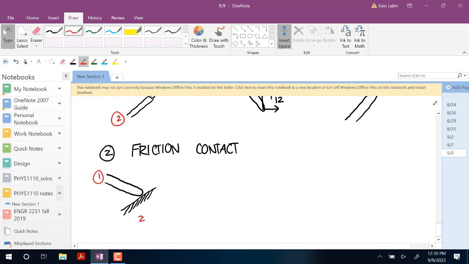If that's body 1 and that's body 2, a free body diagram of body 1 looks like this.